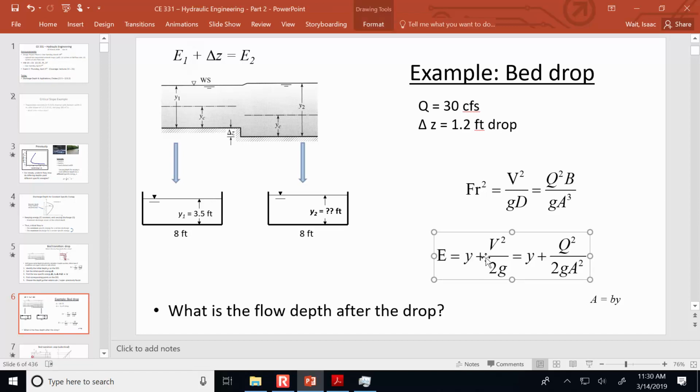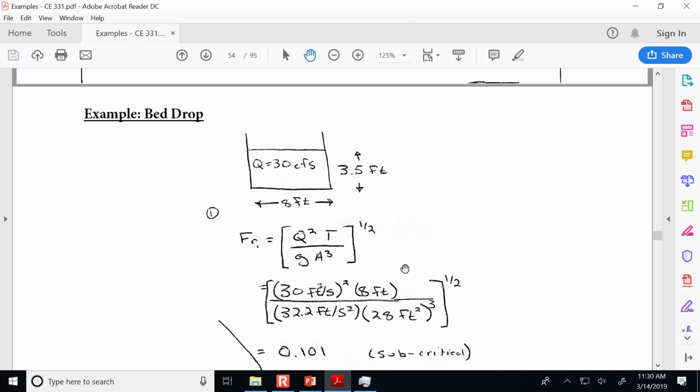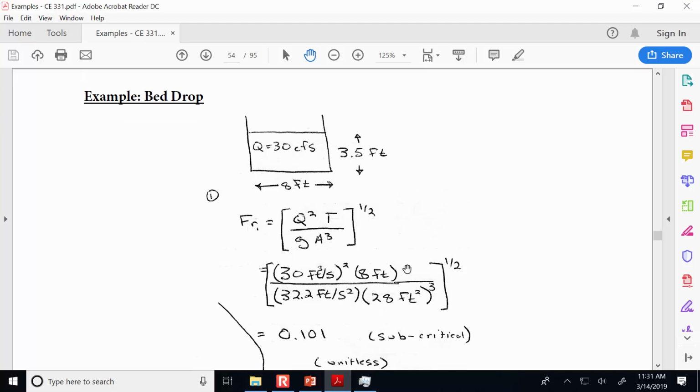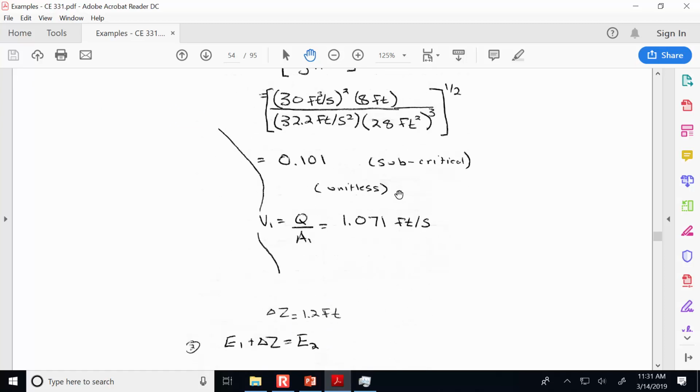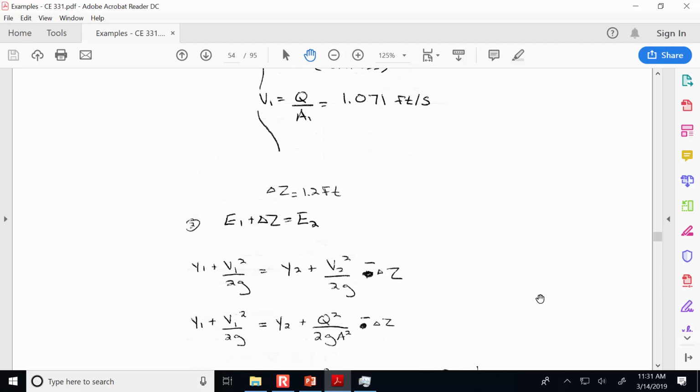So then the next thing to do is use this equation, which defines specific energy, and find out how much specific energy is there at location 1 before it goes through that drop. Just as an intermediate step, because I know I'm going to need it, I calculated the velocity of flow at 1. So Q divided by the cross-sectional area at 1 gives me the velocity. And so the amount of specific energy that there is at location 1 is the depth and the velocity head.